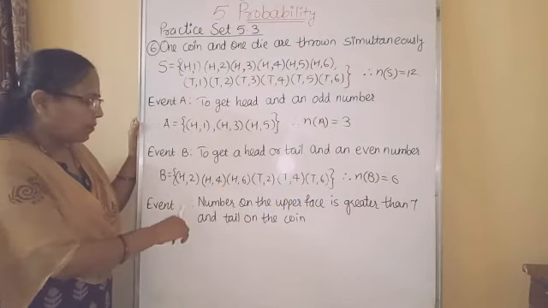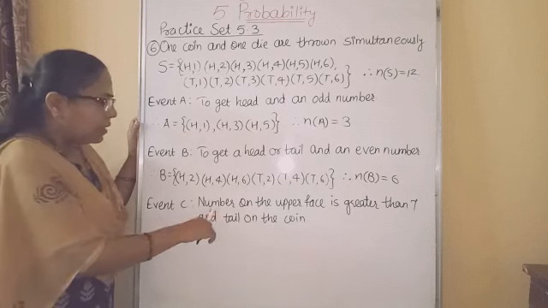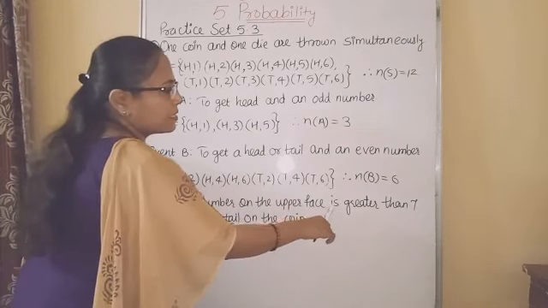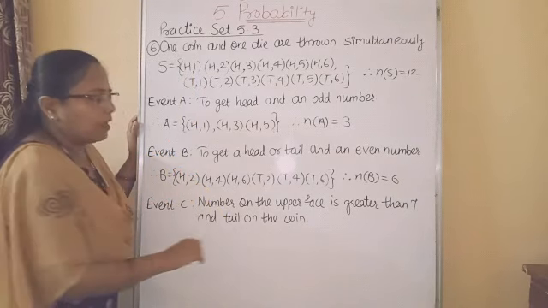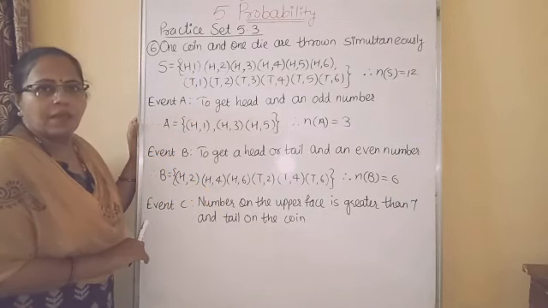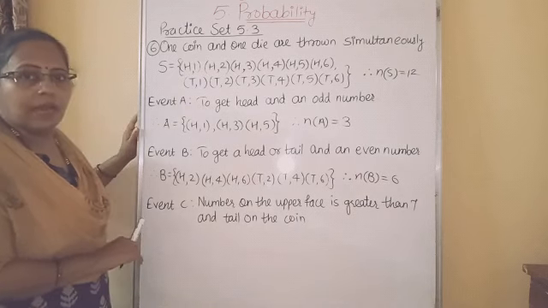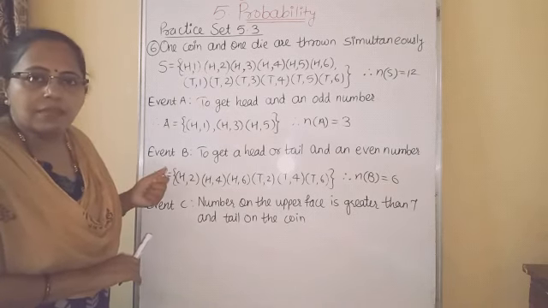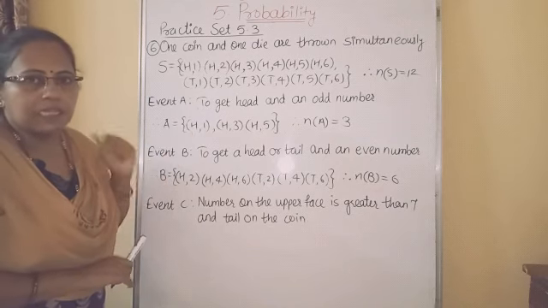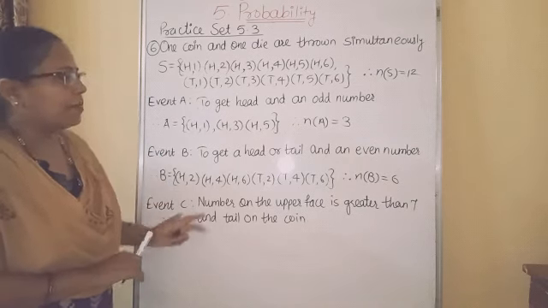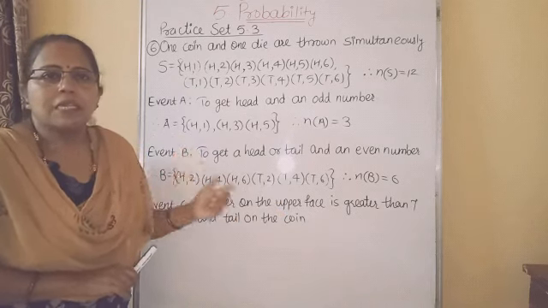Okay. Now the next event is C. The number on the upper face is greater than 7 and tail on the coin. But we know that on a die there are only 6 faces. So we have only 6 numbers: 1, 2, 3, 4, 5, 6. We don't have a number which is greater than 7.